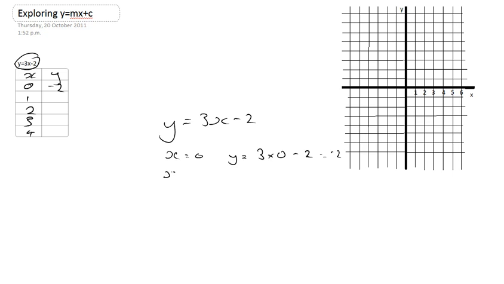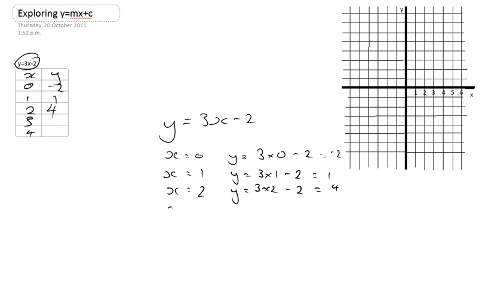Now I'm going to do exactly the same when x is 1. So y equals 3 times 1 minus 2. 3 times 1 is 3, minus 2 is 1. So when x is 1, y is 1. And when x is 2, I'm going to get 3 times 2, which is 6, minus 2, which is 4.